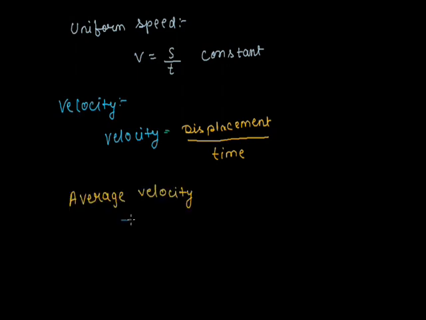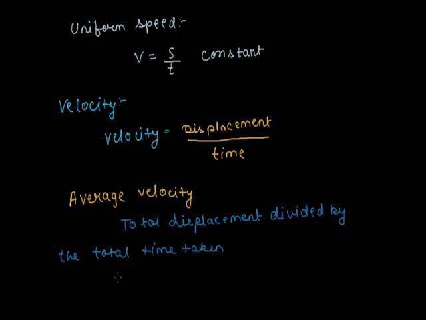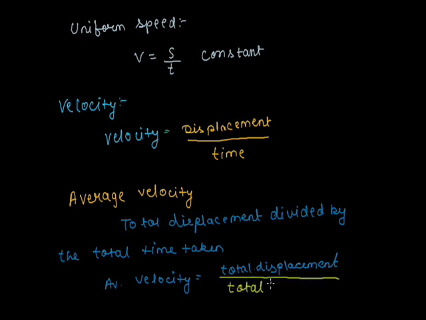Average velocity is the total displacement divided by the total time taken. Average velocity can be defined mathematically as displacement upon total time taken.